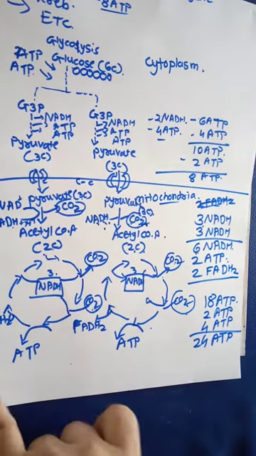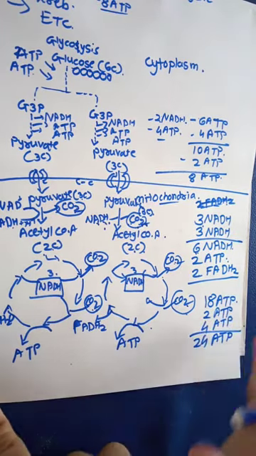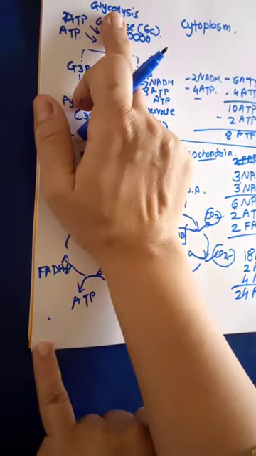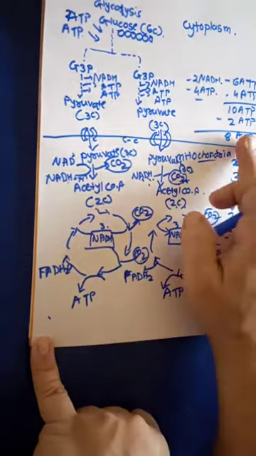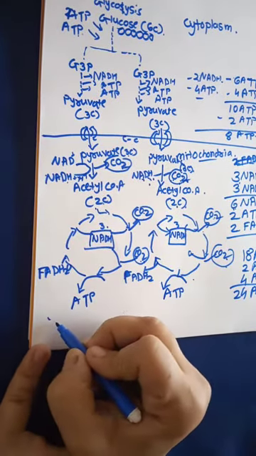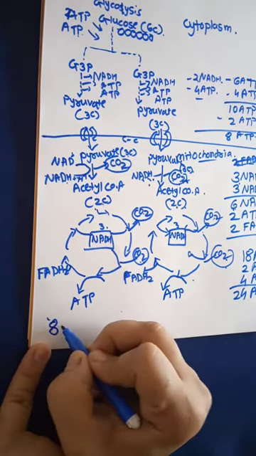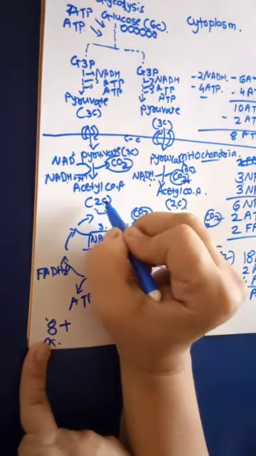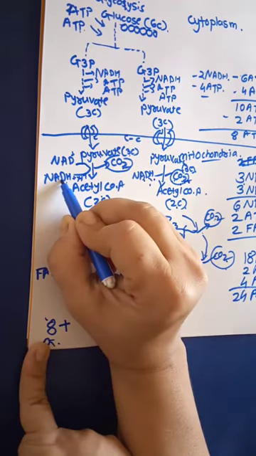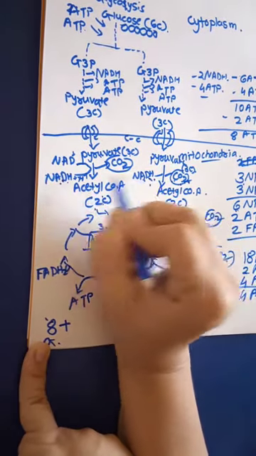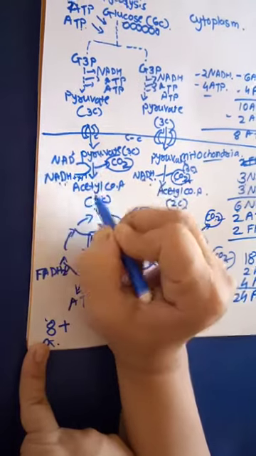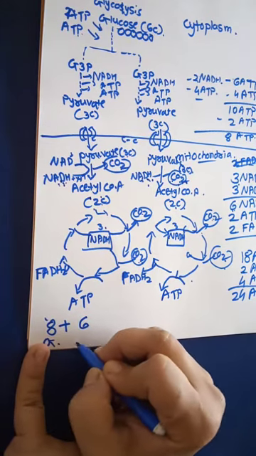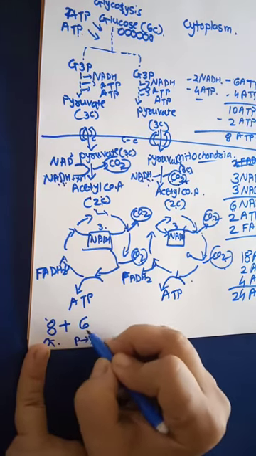And now we will see the total number of ATP generated including all the steps. Okay, so glycolysis 8 ATP. Pyruvate to acetyl CoA, there is 1 NADH each, so 2 NADH, which means 6 ATP for the conversion of pyruvate to acetyl CoA.